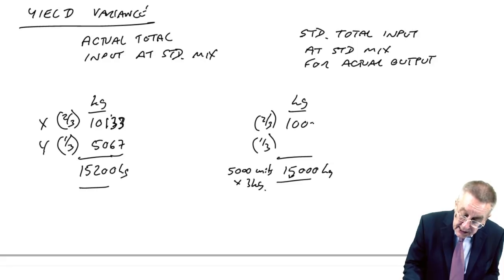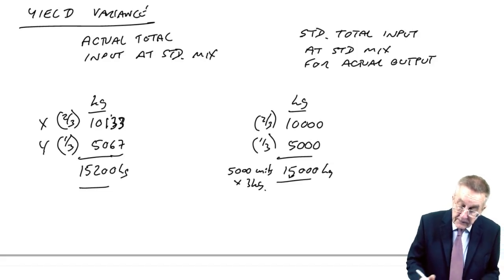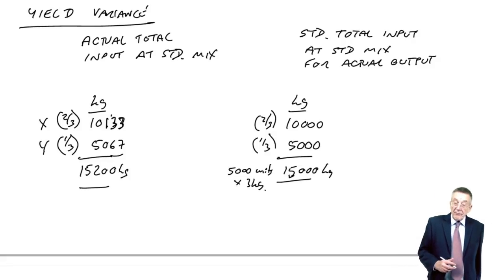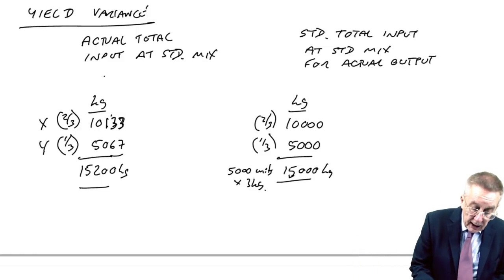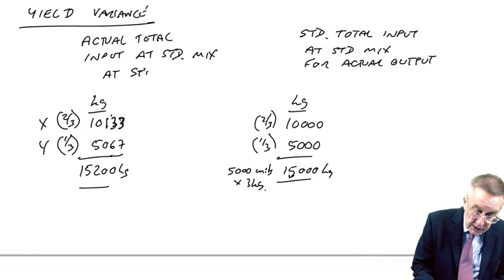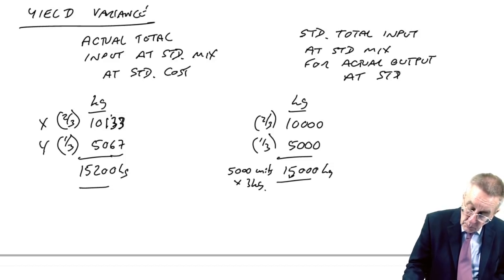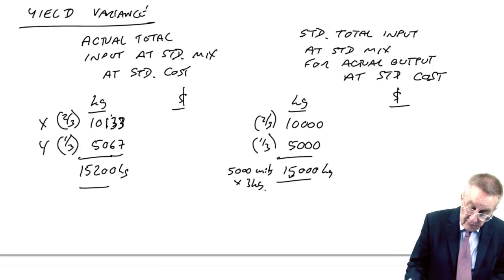We should have bought 10,000 X and 5,000 Y. It needs costing, but we've dealt with the expenditure variance, so everything's costed at standard cost. And so standard cost, $3, $2.